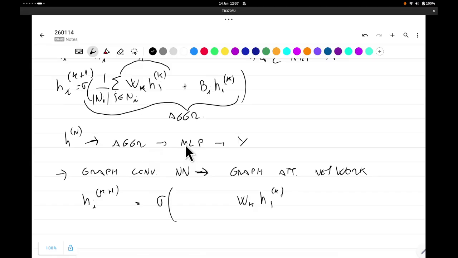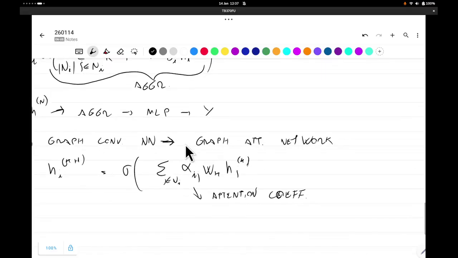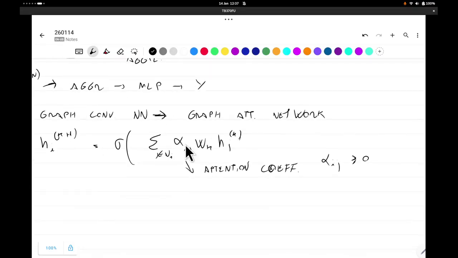But instead of just averaging, I now have some coefficients. So these are attention coefficients. So that the alpha_ij are bigger than 0, and the sum of the alpha_ij over j is equal to 1.